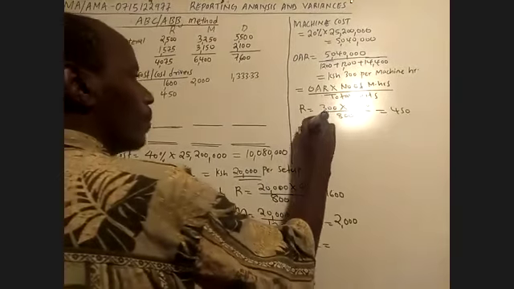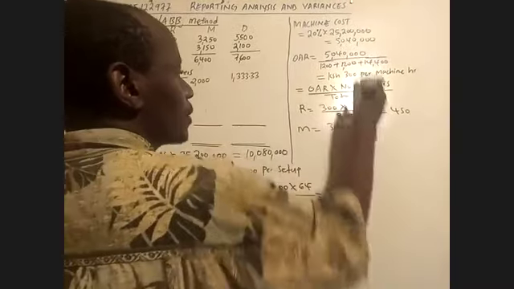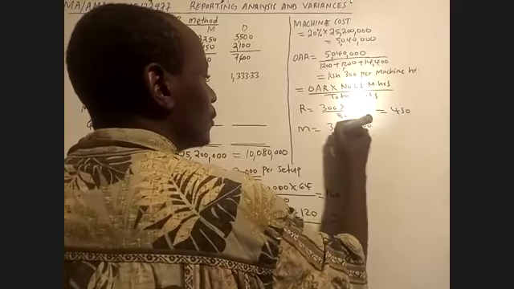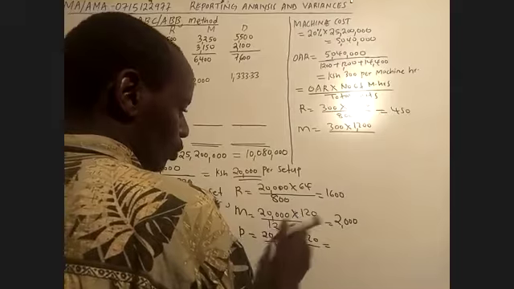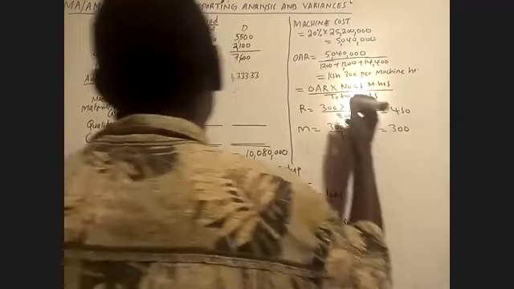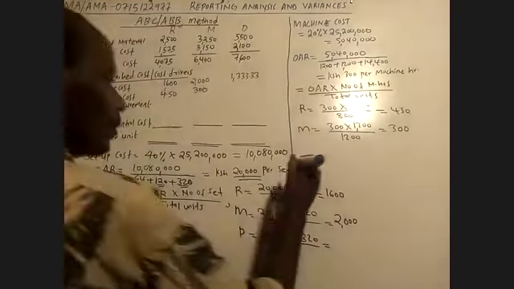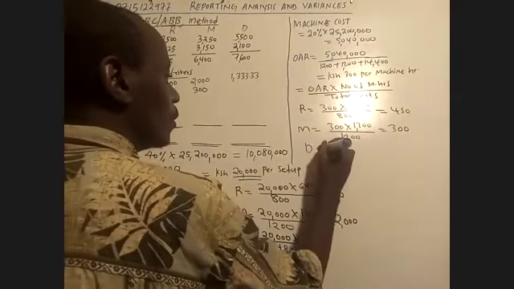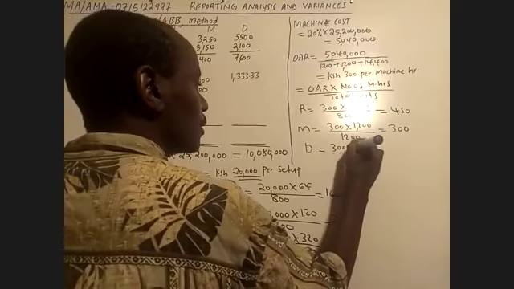Then for M, 300 times number of machine hours, which is 1,200 still. We divide with the total units, which is 1,200. We have 300. That will be equal to 300. Then we finish last with D. For D, the OAR is 300.